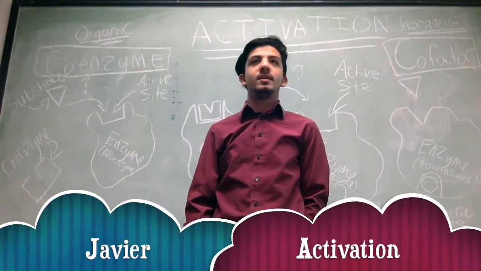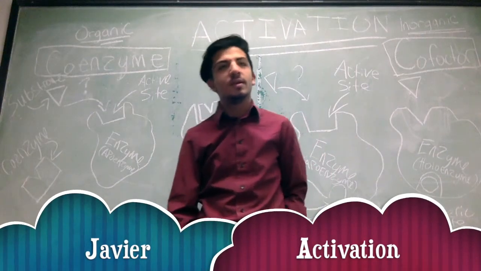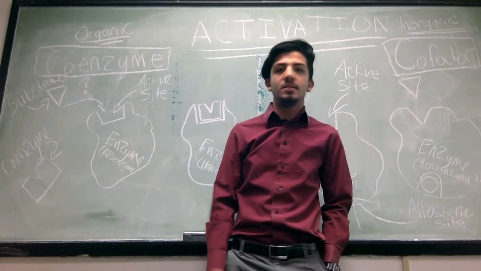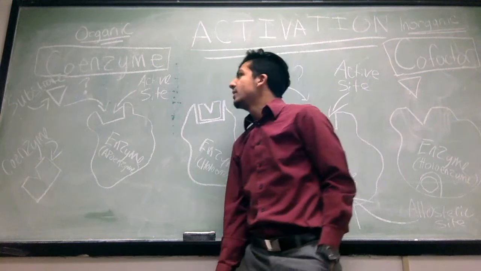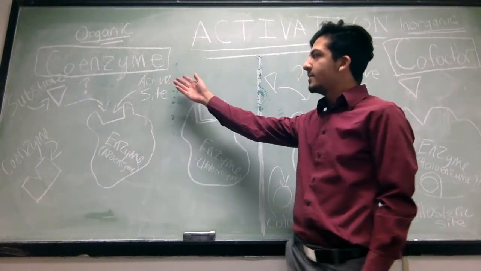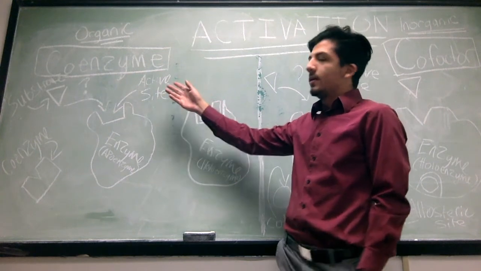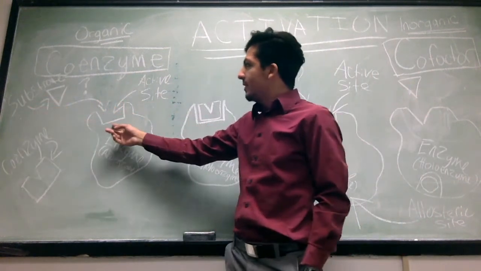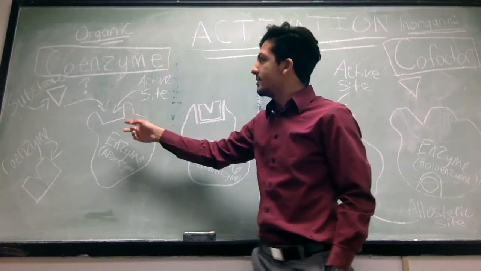Alright, so how does an enzyme know when to break down and when not to? Well, that's when you have activation and inhibition, and I'm going to talk about activation. So in activation, you have the enzyme and the active site. But let's say that the substrate doesn't fit the shape of the active site.